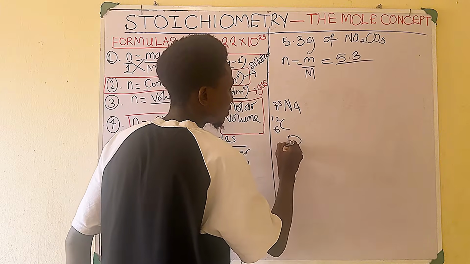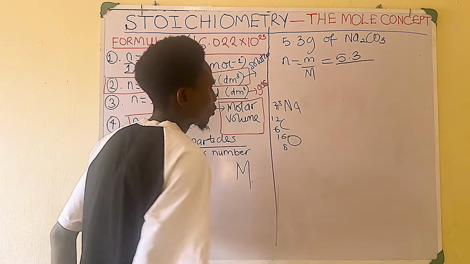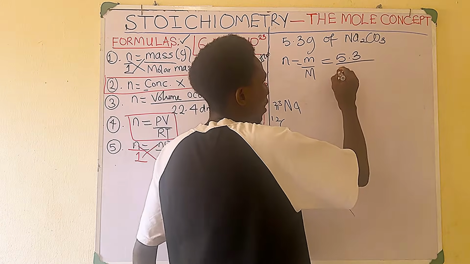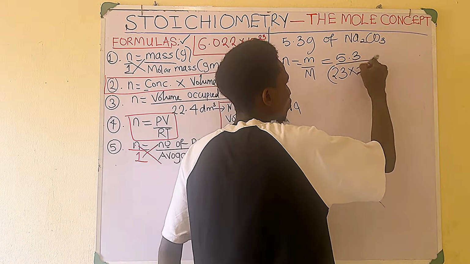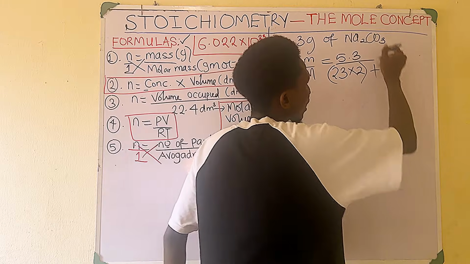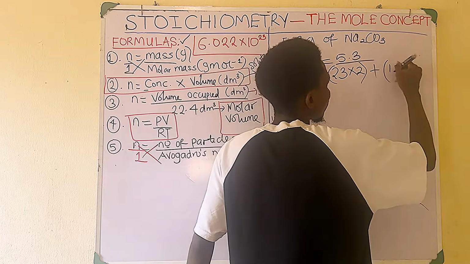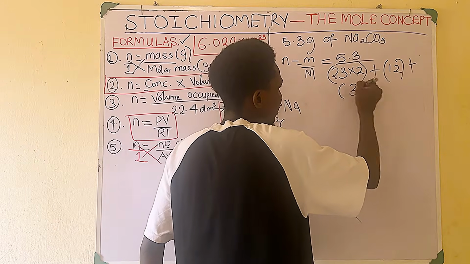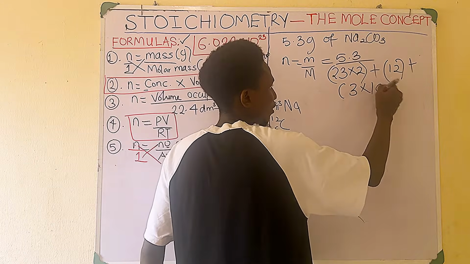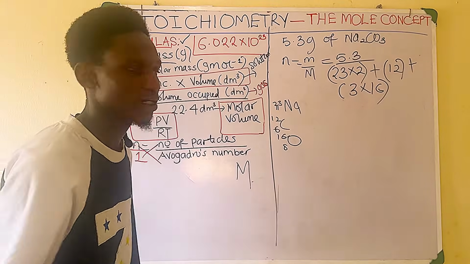Then oxygen is 8 and 16. So you can actually master all these things. Now, sodium is 23. 23 times 2 plus carbon is 12 plus oxygen is 3 times 16. I hope you are jotting these things down.